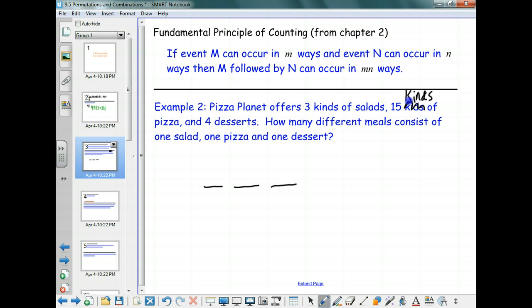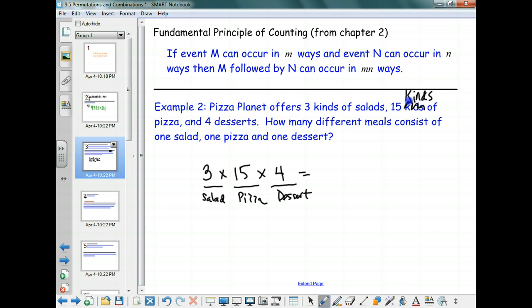The first thing is my salad. How many different kinds of salad do we have? 3. Then I've got my pizza. How many different kinds of pizza? 15. And then I've got my dessert. How many different kinds of dessert? 4. What the fundamental principle of counting says is I just multiply the factors together, and I'll find the number of different meal combinations that I could have.